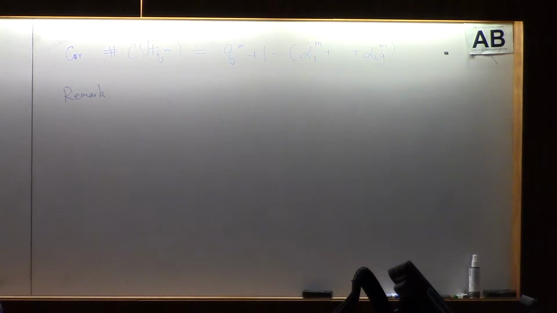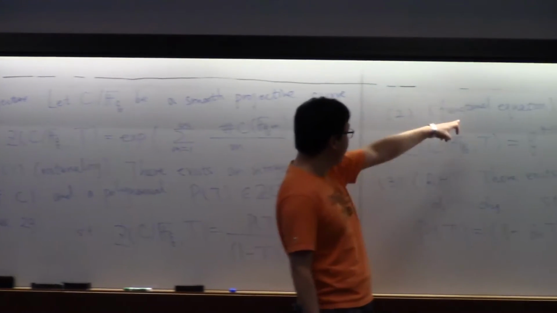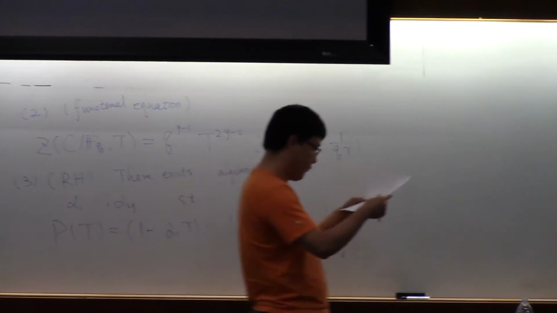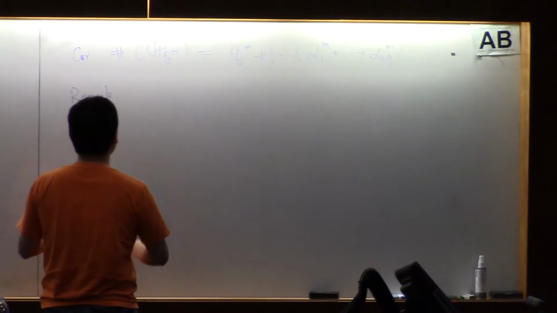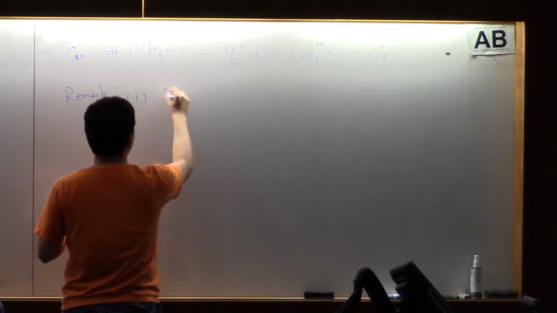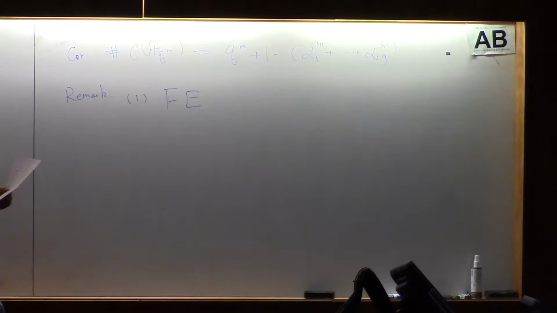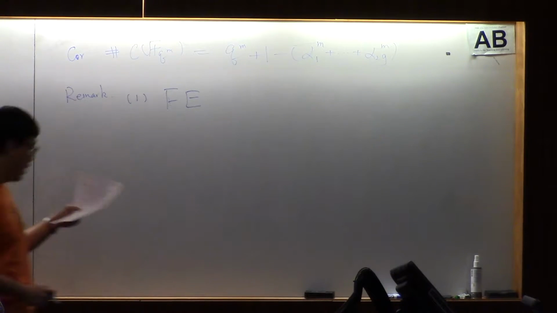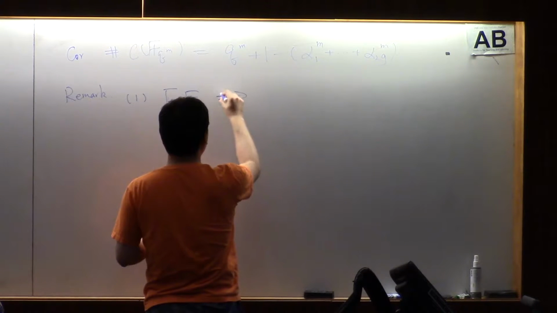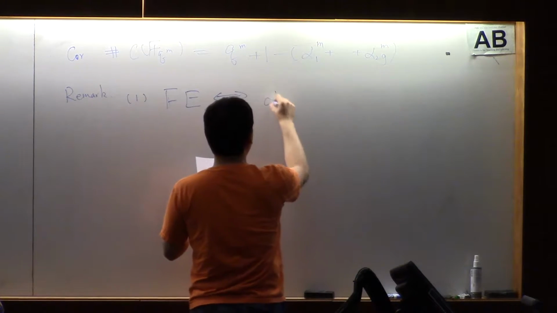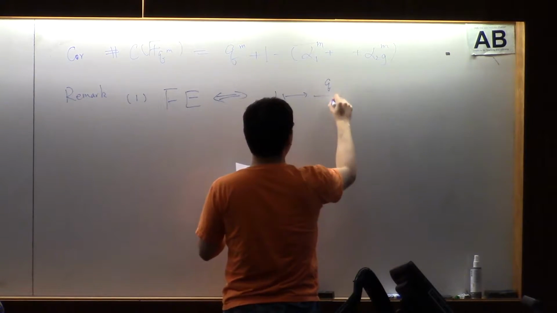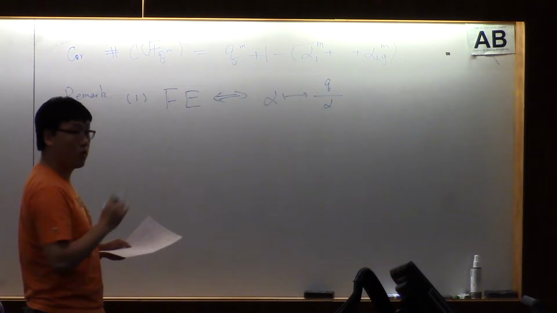The remark consists of 2 parts, and actually the rationality has nothing to explain. It just tells you the zeta function is a rational function. And for the functional equation, I just use FE to denote the functional equation. It is equivalent to saying that you can consider the map that sends a complex number alpha to q over alpha.